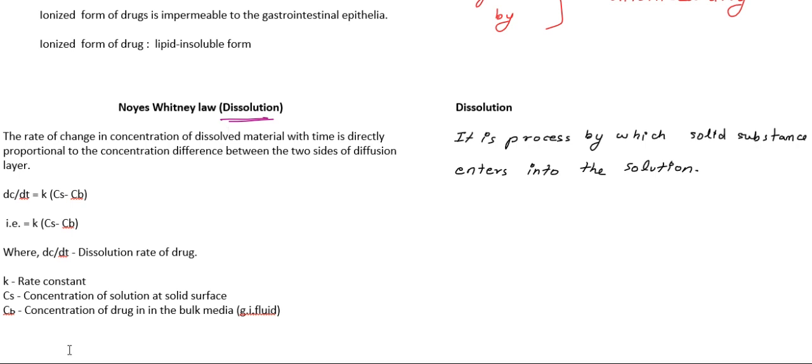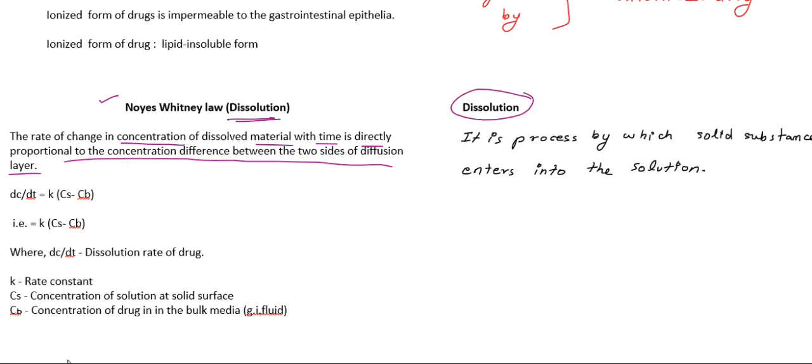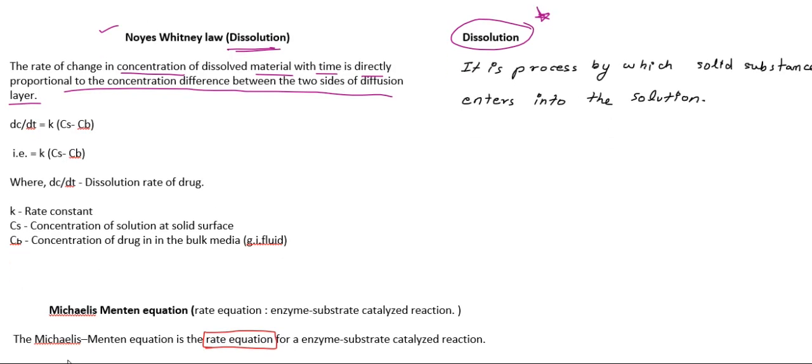The Noyes-Whitney law states that the rate of change of concentration of a dissolved material with time is directly proportional to the concentration difference between the two sides of the diffusion layer. It is basically related to the dissolution process, so we have to give more importance to the principle, that is, dissolution.